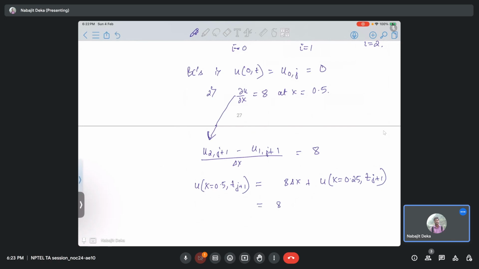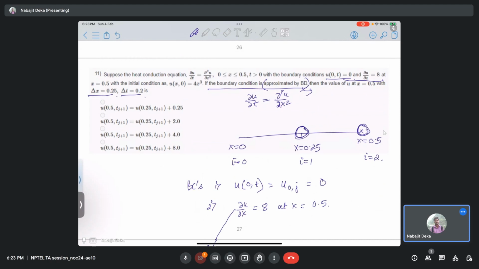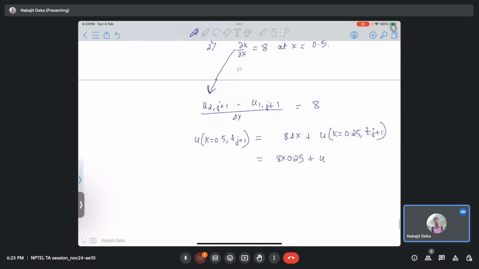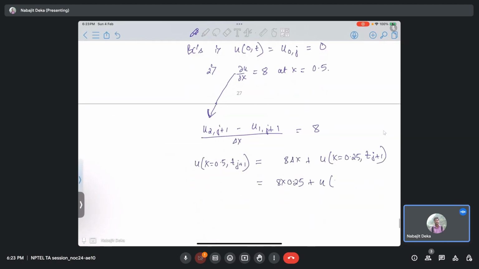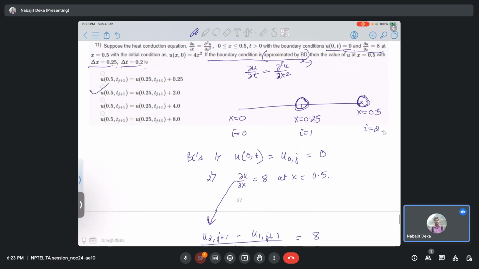So this is 8 into 0.25, since delta x is 0.25, plus u1. So 8 into this will be 2 plus this. So we have option B is the correct answer.